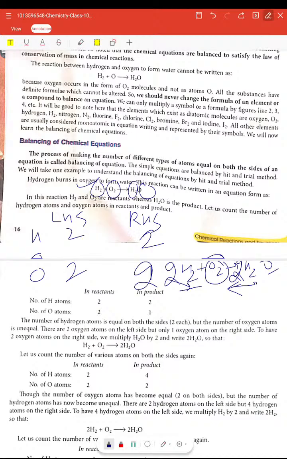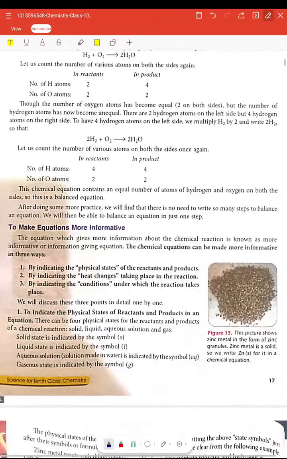So now hydrogen is 4 on the right hand side and 4 on the left hand side. Now it is a balanced chemical equation, where the left hand side equals the right hand side.